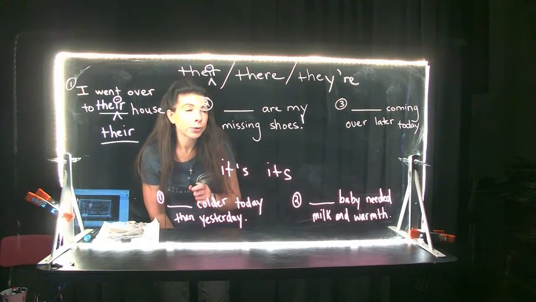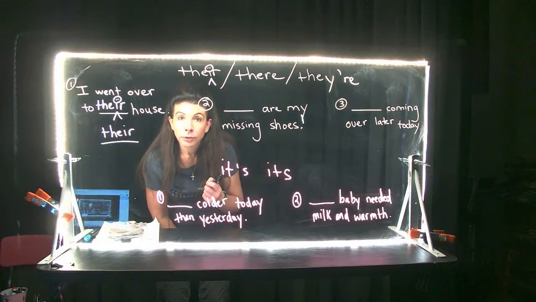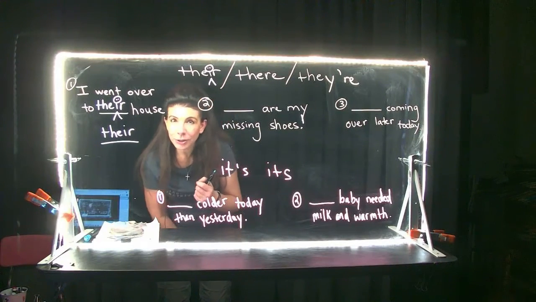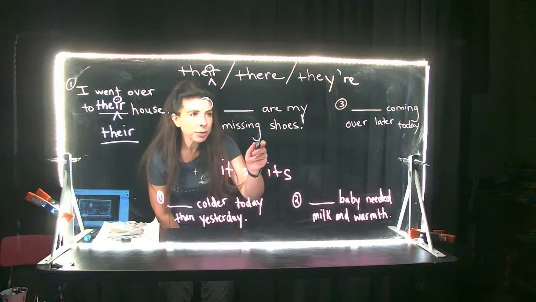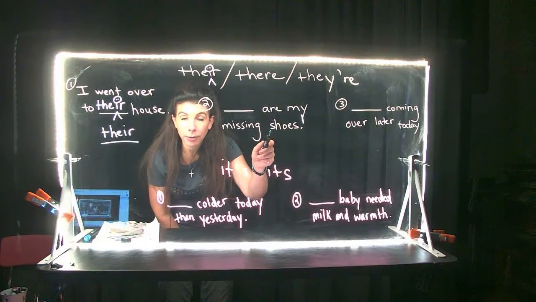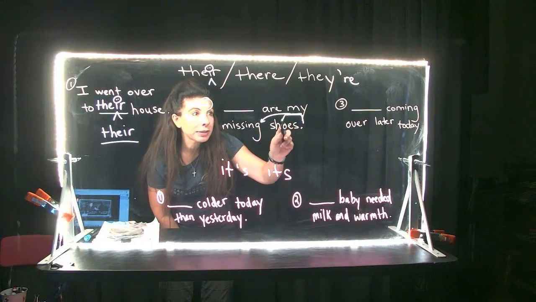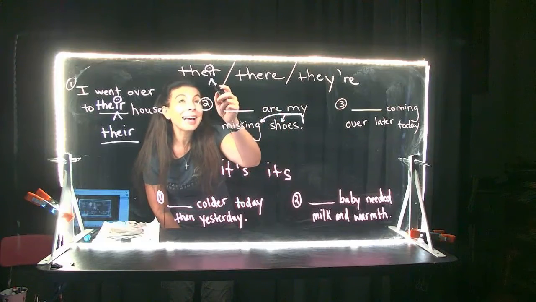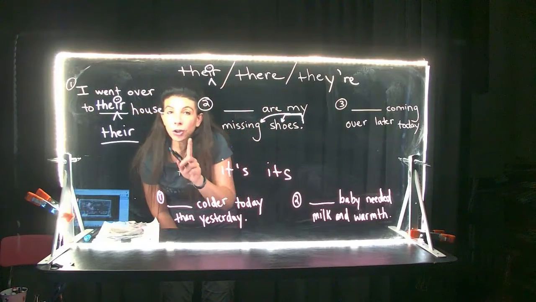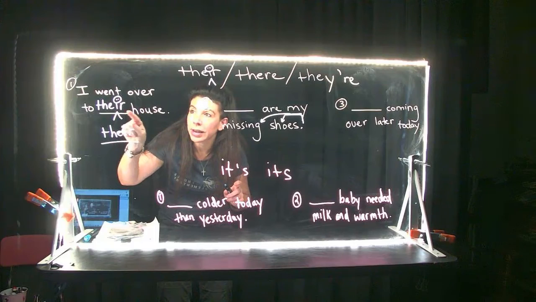Let's look at number 2. There are my missing shoes. Would it make sense to say they are my missing shoes? That doesn't make sense. Now you might say, well, doesn't that show possession because it's my shoes that are missing? Guess what? My is the one showing possession of the missing shoes. If you want to show possession, it has to be right next to the word, their house.